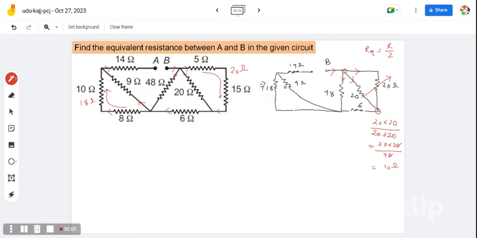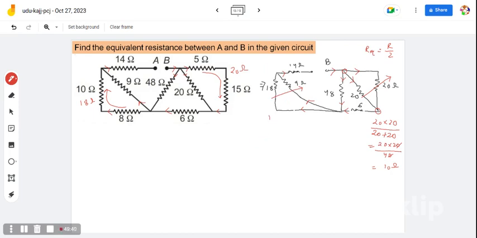Similarly 18 and 9 are in parallel, because from here when we distribute the current, this current will be getting divided into two branches. We have seen here the current was getting divided into two branches. So 18 and 9 are getting combined here. So 18 and 9 will also be in parallel.